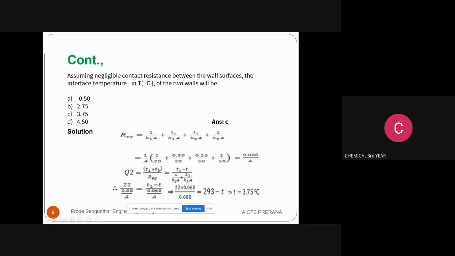Substituting all the terms, R equivalent we have already found as 0.088 divided by A.